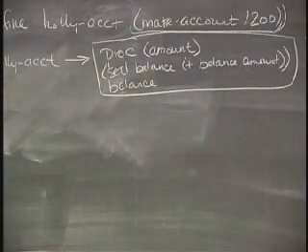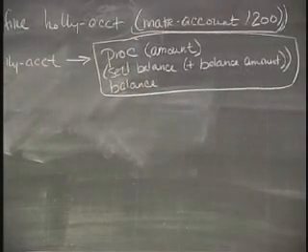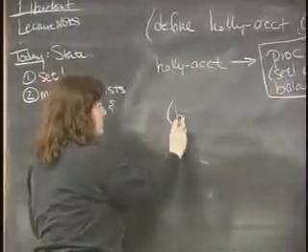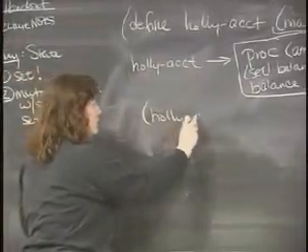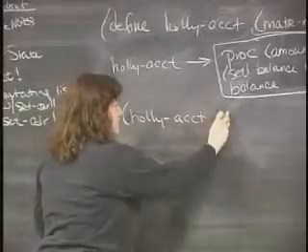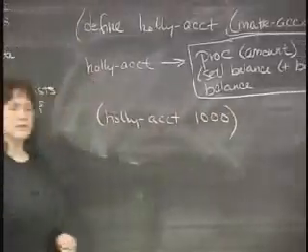So the reason that we're returning a procedure here is that now what I can say is Holly account, let's give myself $1,000.